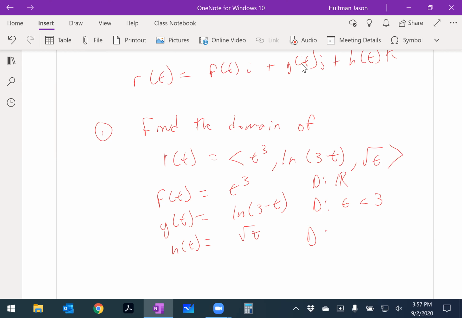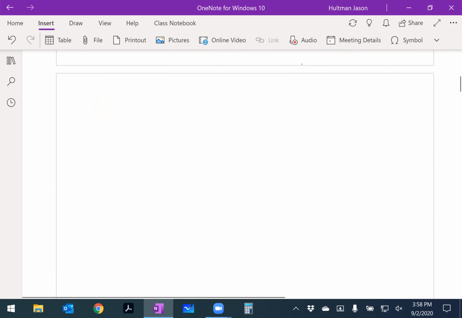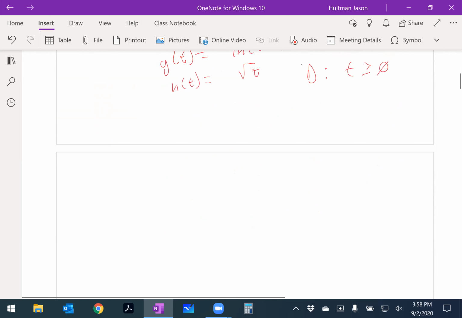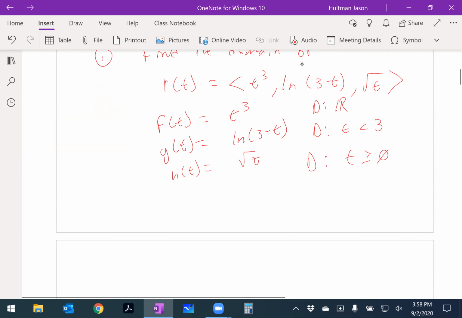What about the other one here? This one is t is greater than or equal to 0, right? Okay, so we got our vector valued functions. So what's the combined domain? What's the domain of r of t? Well, what's the domain of t in these functions?